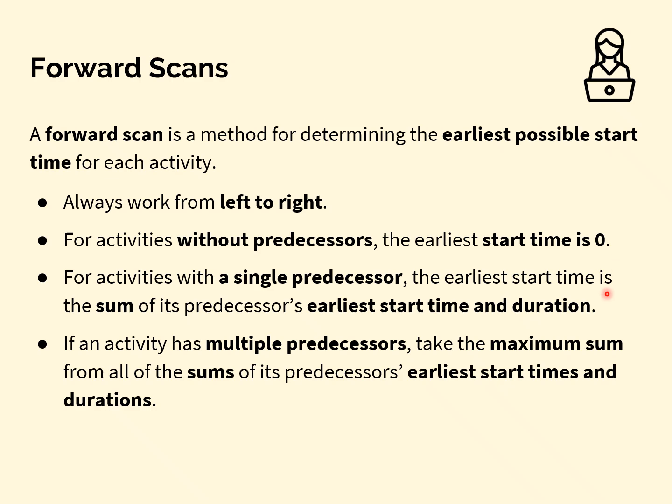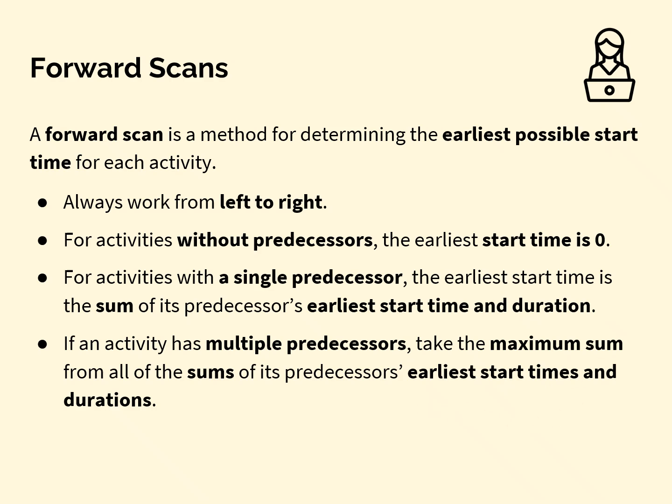For an activity that has a single predecessor, so just one activity that comes before it, the earliest start time is the sum of the predecessor's, the previous activity's, early start time and duration.